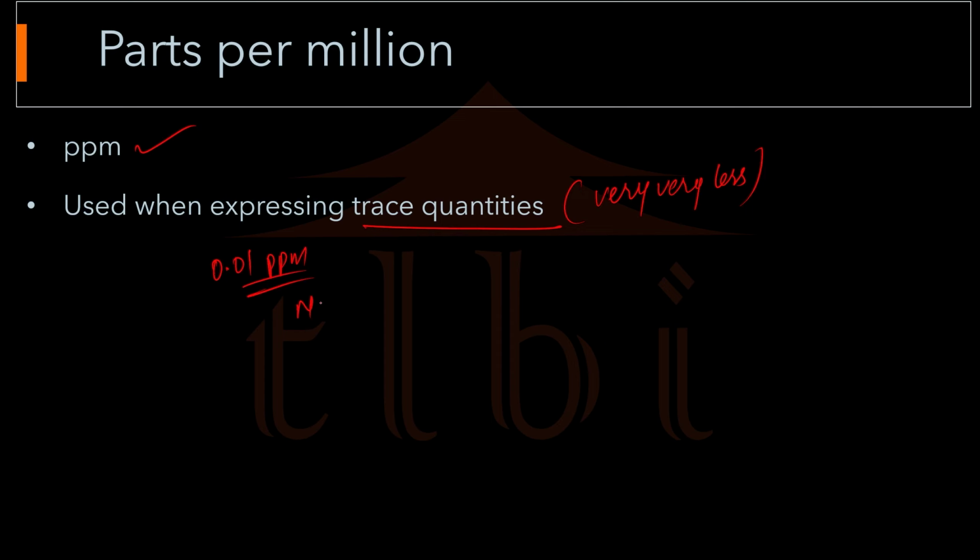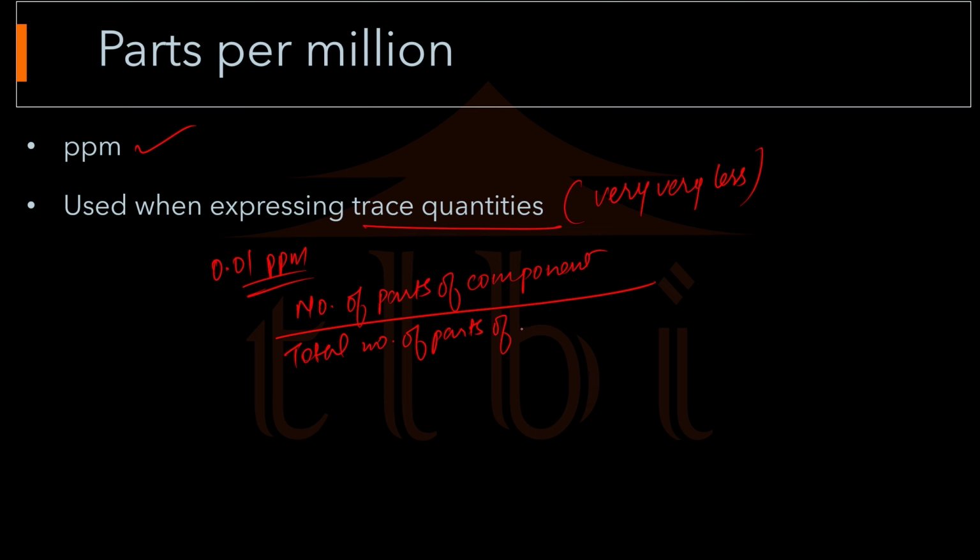So ppm will be expressed as number of parts of one component divided by total number of parts of all parts of solution and multiplied by 10 power 6.